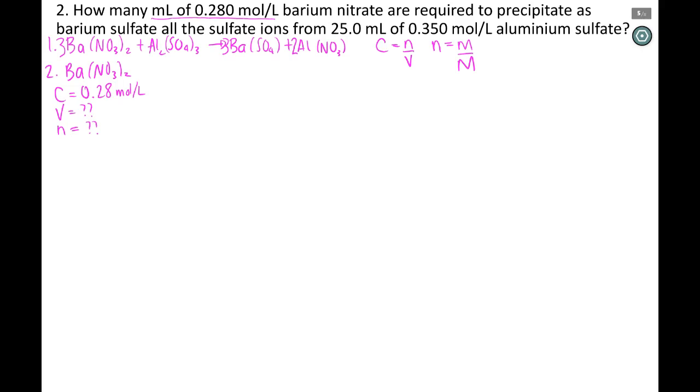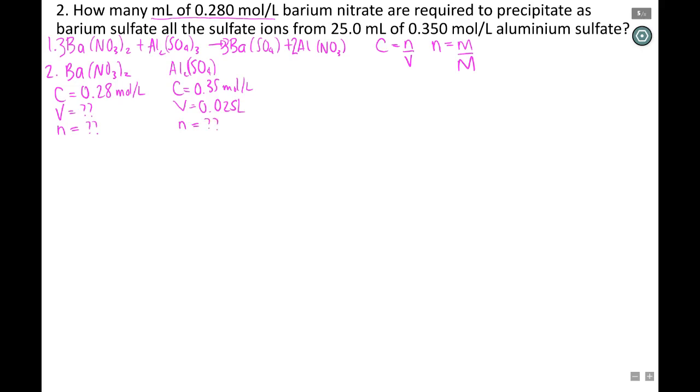So firstly, let's have a look at what we know about our aluminium sulfate. For our aluminium sulfate, we know that we've got a concentration of 0.35 moles per litre, and we've also got a volume of 0.025 litres, and we don't know the mass either.